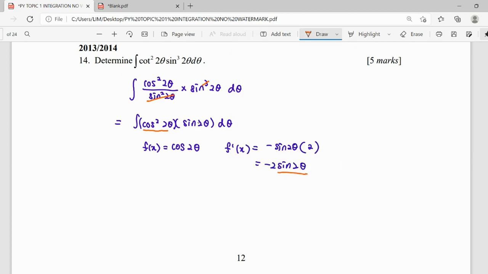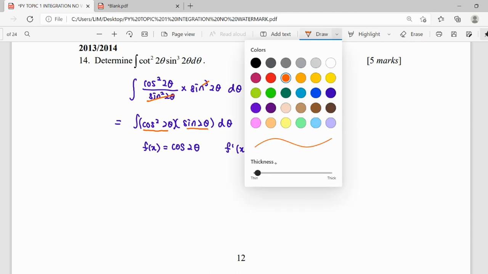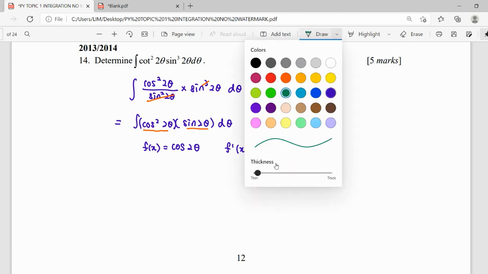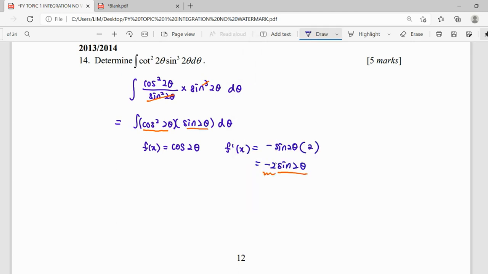Okay, the function is there, but the coefficient is different. The coefficient here is 1, but it should be negative 2. When the coefficient is different, we can multiply in our new coefficient. So what we can do for this question is multiply in negative 2 for cos square 2 theta's derivative.